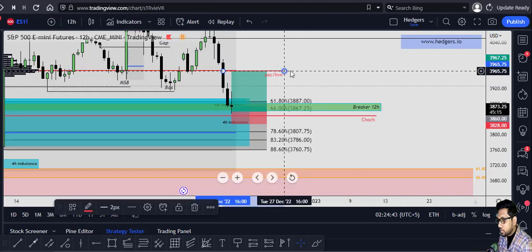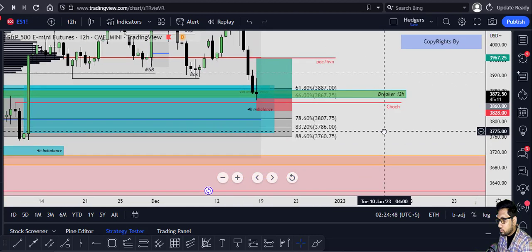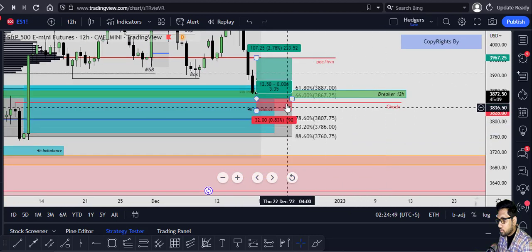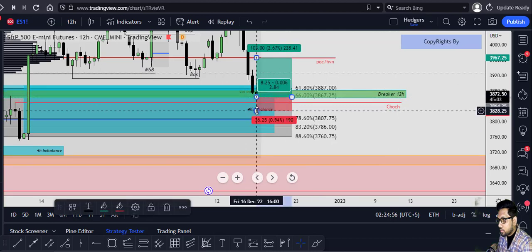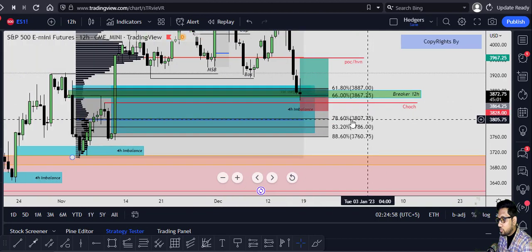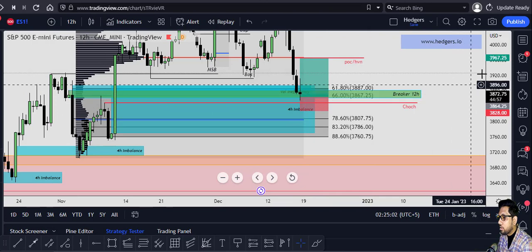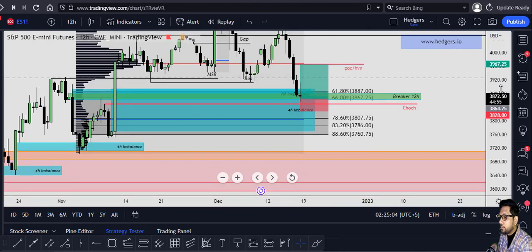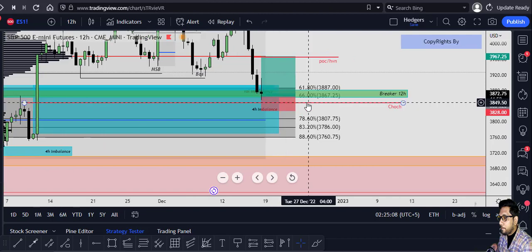That's the target. I'm taking the stop loss below this change of character level for the invalidation purpose.